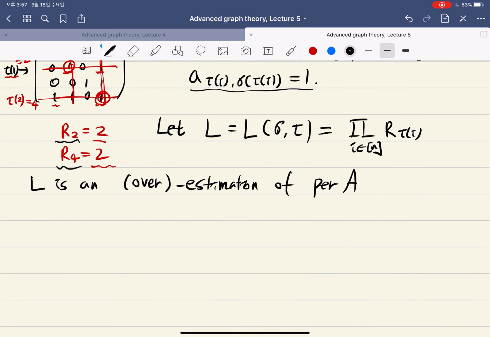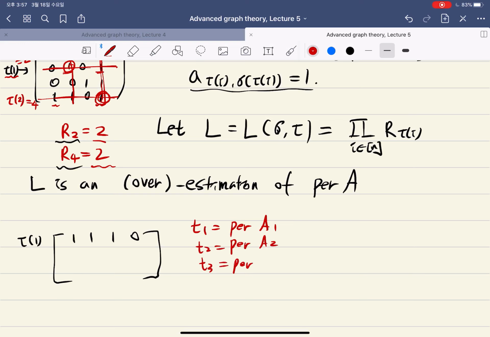So why is it? Intuition-wise, let's just say you have this 1, 1, 1, 0, and then let's say tau 1 is the first row. And let's say T1 is the permanent of A1, T2 is permanent of A2, T3 is permanent of A3, where A1 is the matrix you obtain from deleting first row and first column.